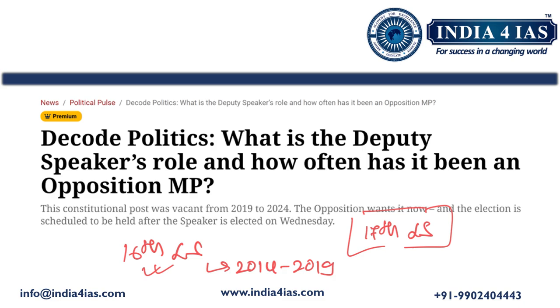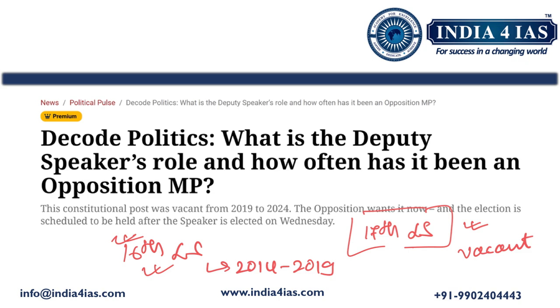That MP's name is M. Thambidurai. So he was the deputy speaker for the 16th Lok Sabha. The deputy speaker position for the 17th Lok Sabha was vacant. So for this 18th Lok Sabha, the opposition is trying very hard to get the deputy speaker post.